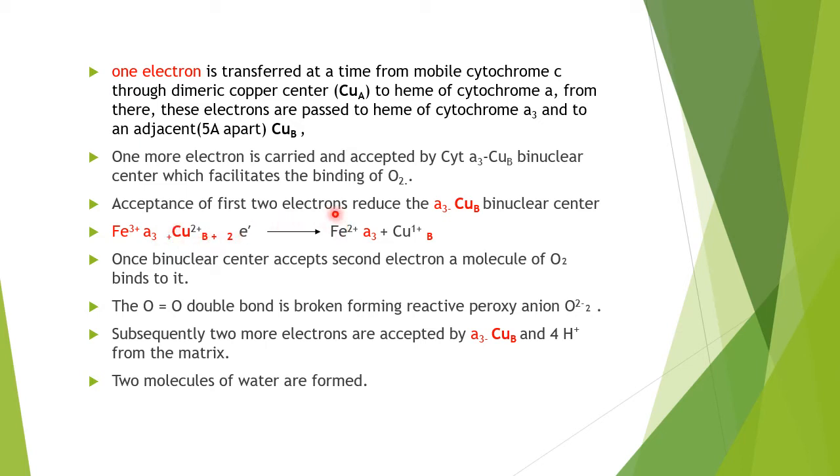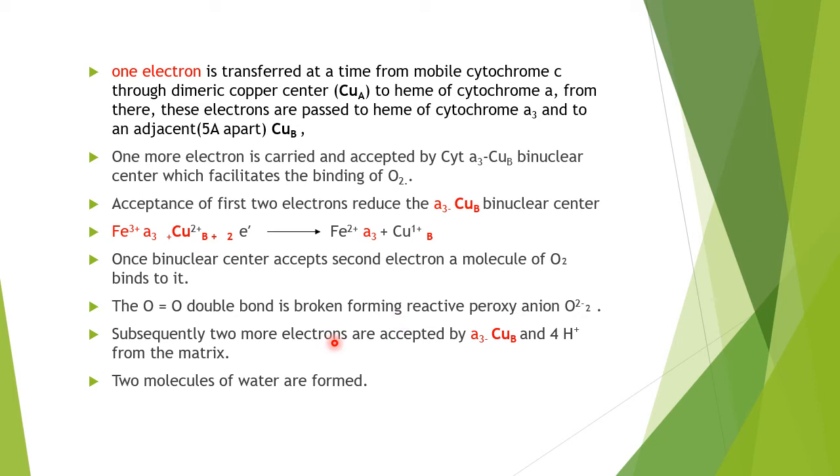There will be production of the reduced ferrous iron state, and then copper will be changed to this position. Once the binuclear center accepts a second electron, a molecule of oxygen binds to it. And now the double bond of the oxygen is broken, forming a reactive peroxyanion.